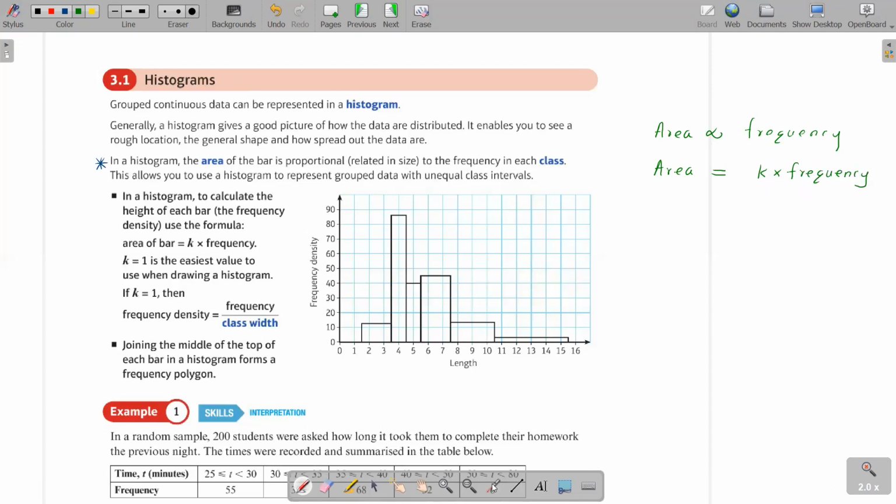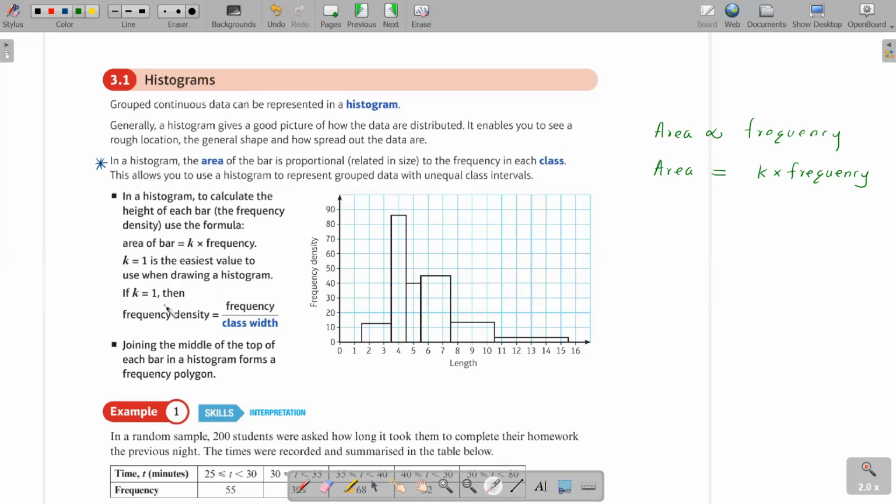They say k equal to 1 is the easiest value to use when drawing a histogram. If k equals 1, then frequency density is equal to frequency over class width. I think you might recall this equation from your IGCSE O levels. But they have told you very clearly that this equation is only valid if k is 1. That will not be the case in the sums that we are going to do in this particular book.